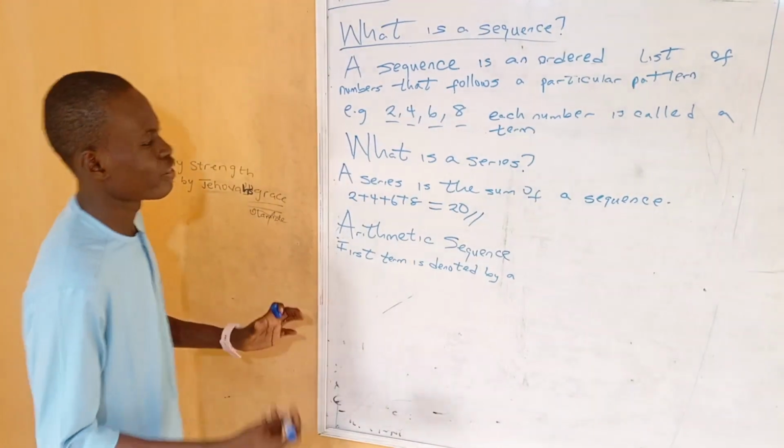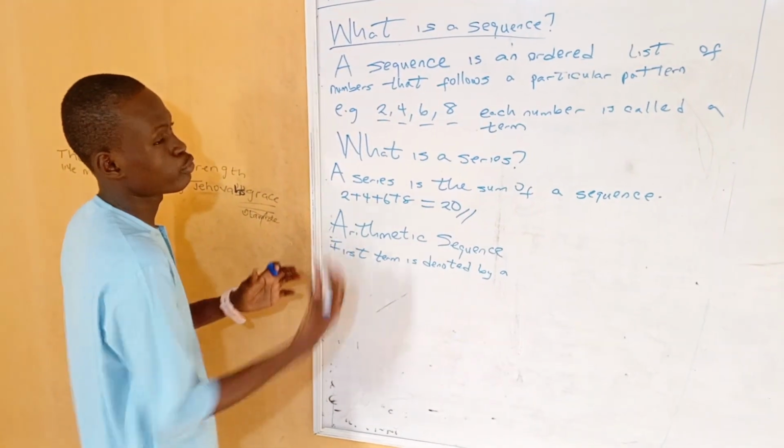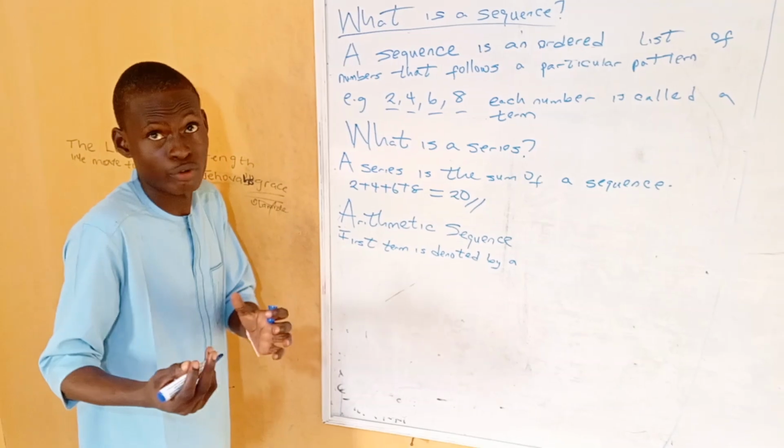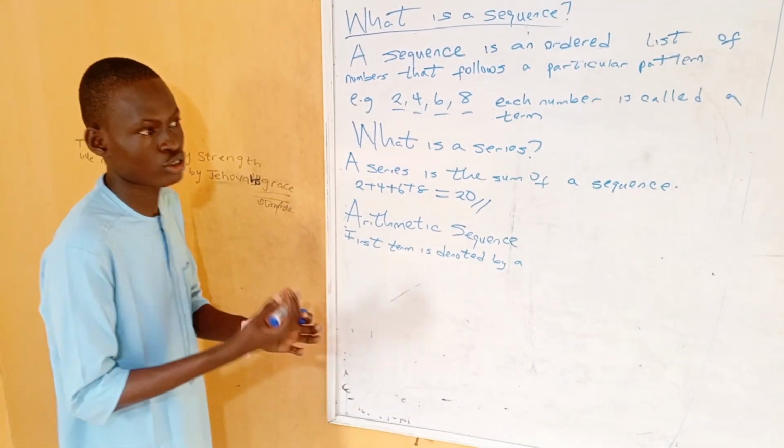Now, in an arithmetic sequence, we deal with the common difference: the difference between the first and the second term, the second and the third term, and the third and the fourth term. With the name common difference, it shows that it is common.